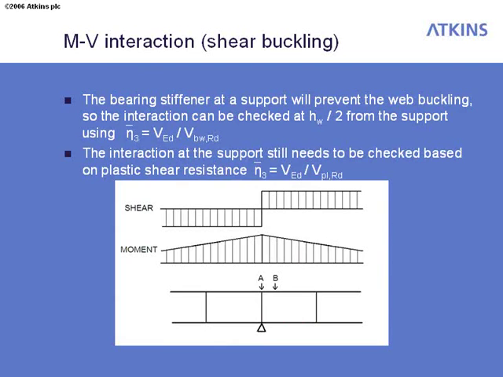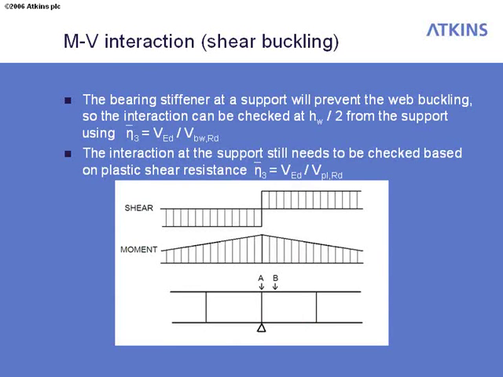It'll start buckling further away from it. And Eurocode states that the area where it starts being susceptible to buckling is the height of the web divided by 2. So you have to check web buckling at that point there. You don't have to check it at that point there. Again, that's another area where you can get some benefit out of the code.